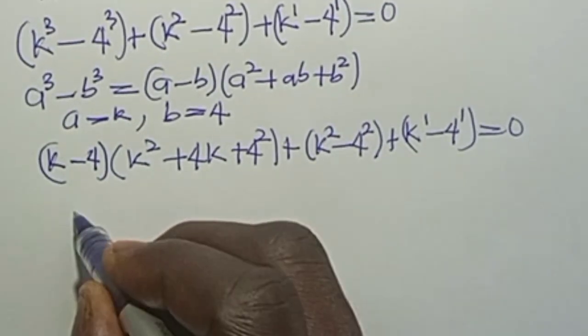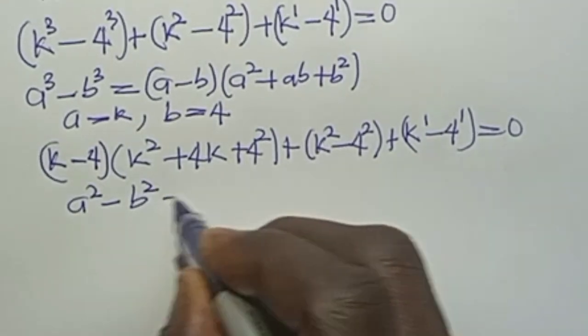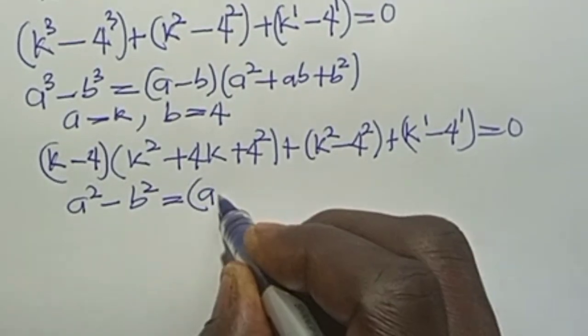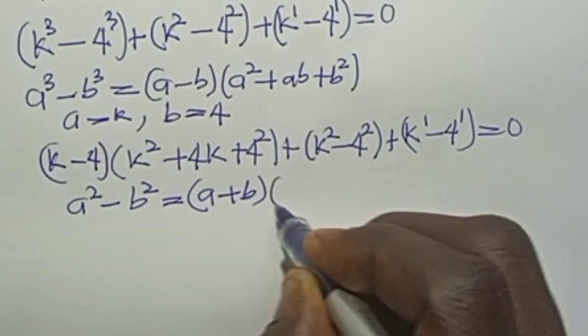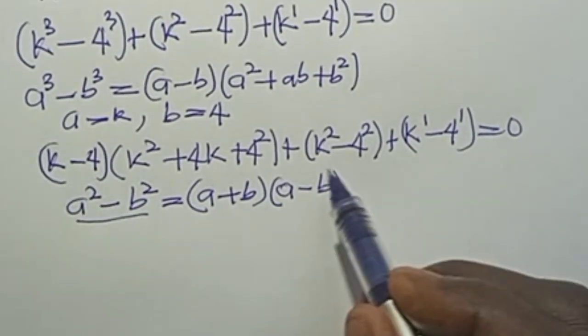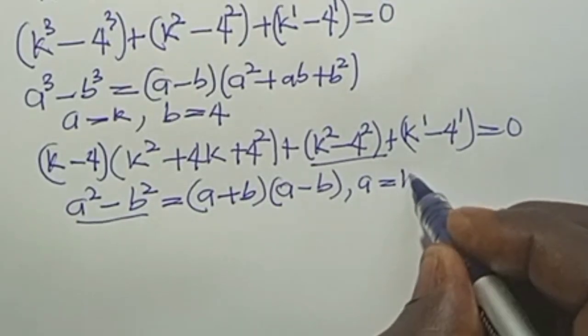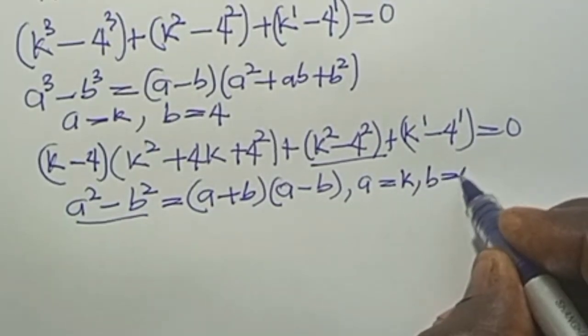And again, from algebra, a to the power of 2 minus b to the power of 2 is also equivalent to a plus b times a minus b. And this in the form of this, a is equal to k and b is equal to 4.